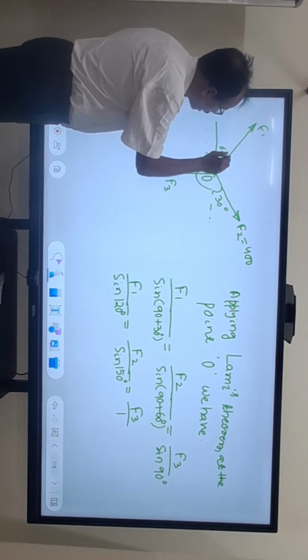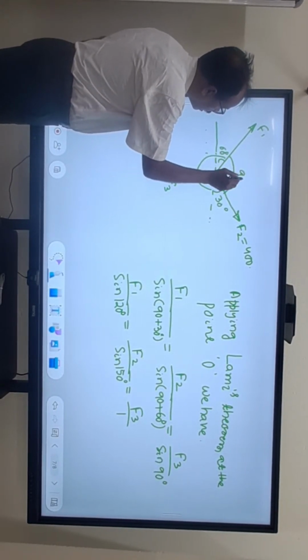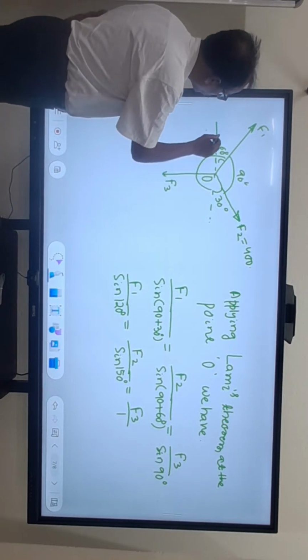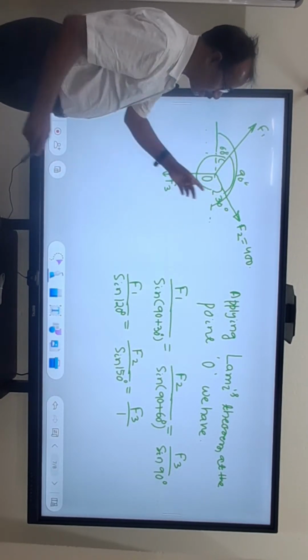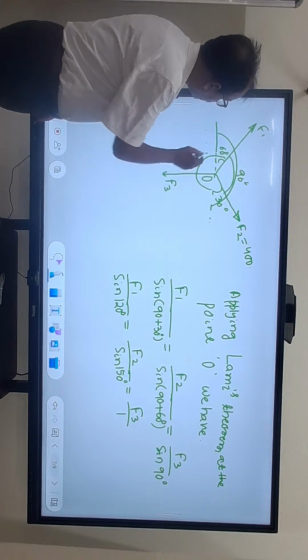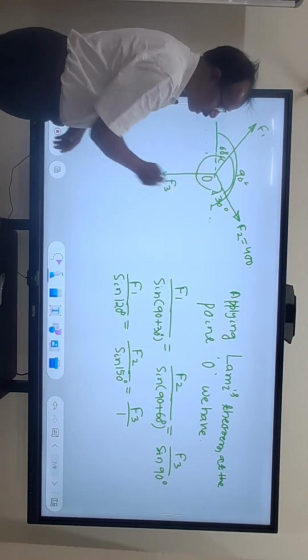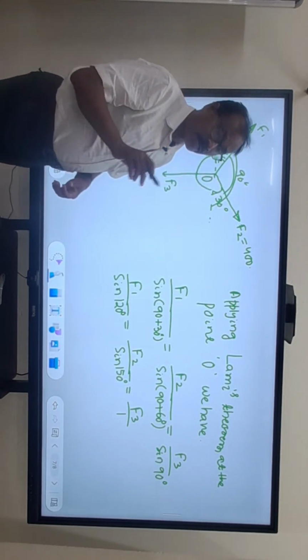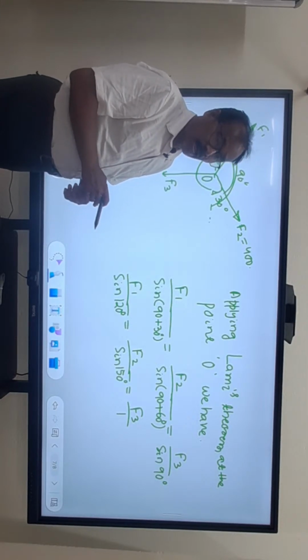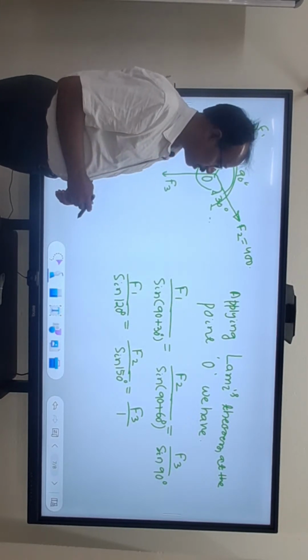The opposite angle is 90 degree because the total angle is 180. This angle is 60 and this angle is 30. Therefore, 180 minus 90 is equal to 90 degree.